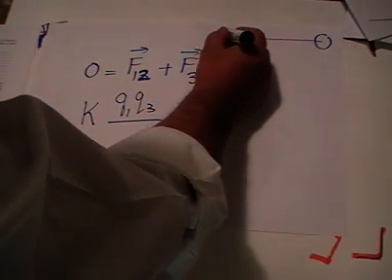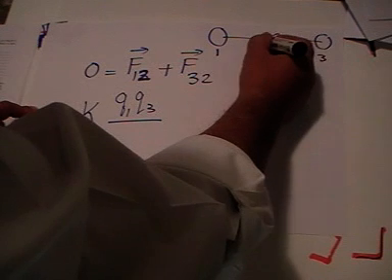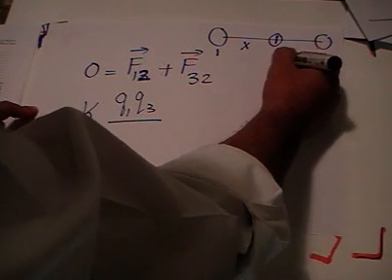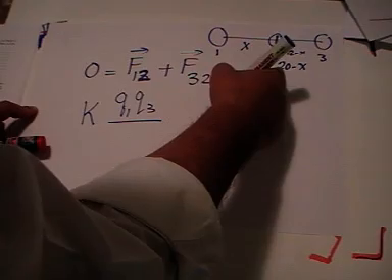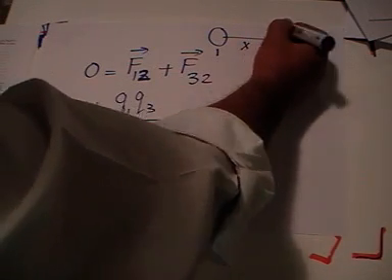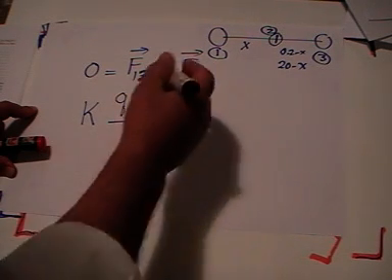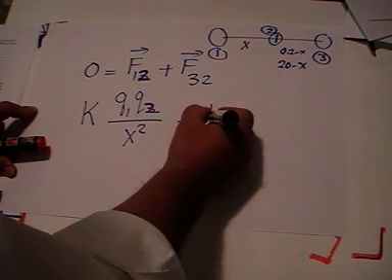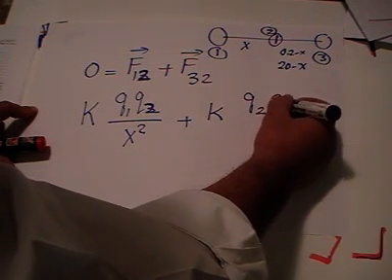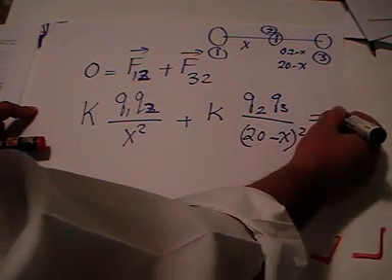If the total distance between 1 and 3 is 0.2, and Q2 is placed at some x, then the other distance will be 0.2 minus x, or if you want 20 minus x, but make sure this is in centimeters and this is in meters. So Q1 Q2 divided by x squared plus K Q2 Q3 divided by (20 minus x) all squared, and all of this is equal to 0.